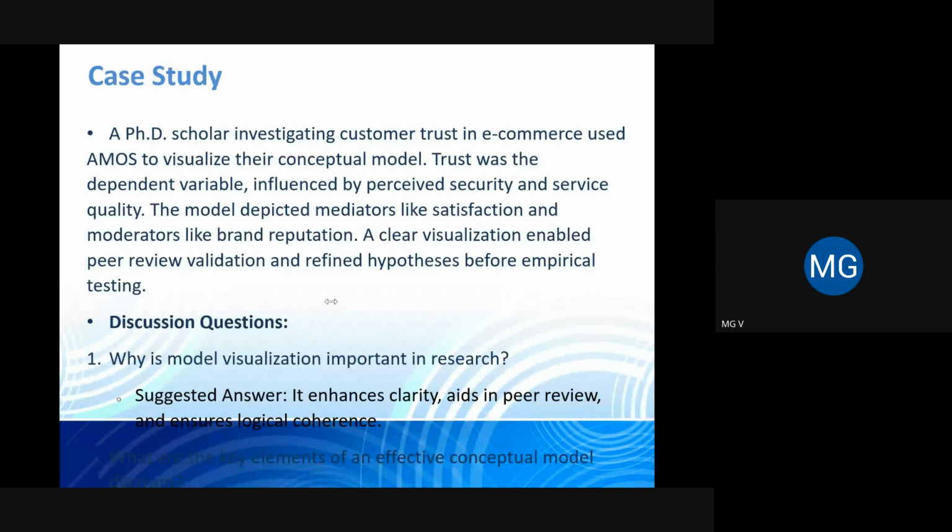It enhances clarity, aids in peer review, and what else? Complete the sentence. Ensures logical coherence. Okay, and ensures logical coherence.